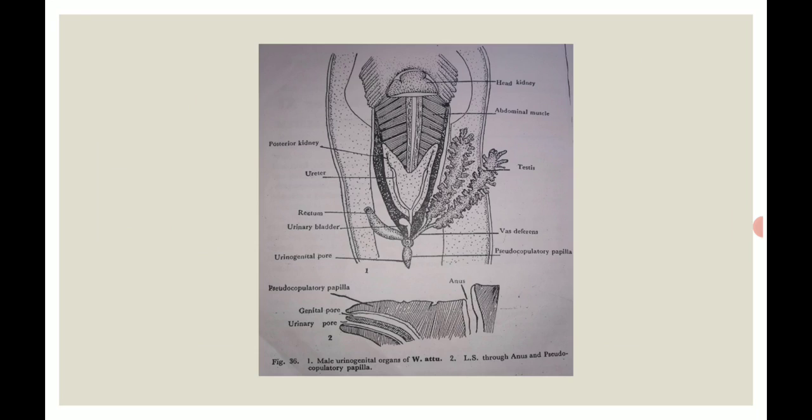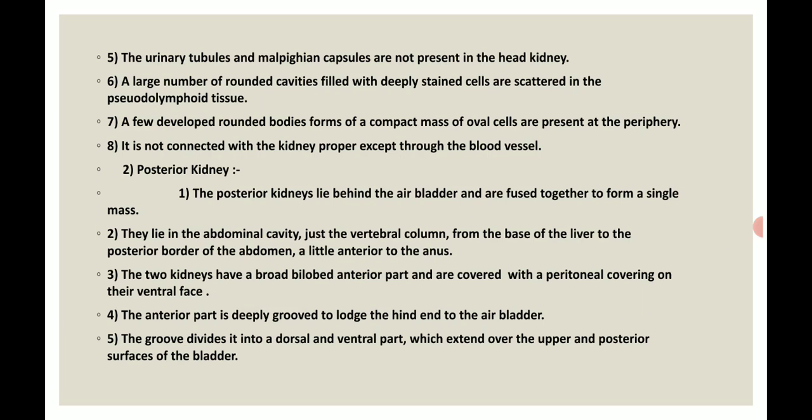Below the LS are the pseudocopulatory papillae, anus, and then the genital as well as the urinary pores. The urinary tubules and Malpighian capsules are not present in the head kidney. A large number of rounded cavities filled with deeply stained cells are scattered in the pseudolymphoid tissue.